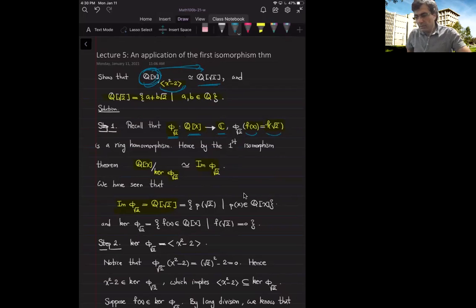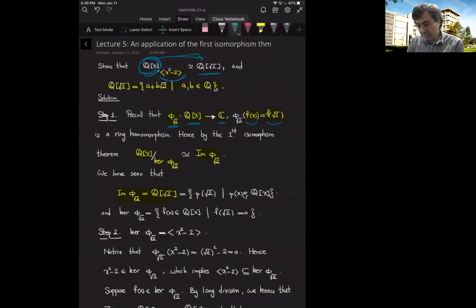Now, we have already seen the image of this. Okay, what do we do next? We use the first isomorphism theorem, and it says that the ring of polynomials with coefficients inside Q, or the quotient ring of this by the kernel of the evaluation map at root 2, is isomorphic with the image of phi sub root 2.